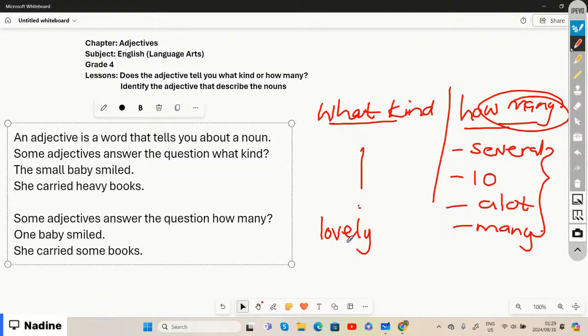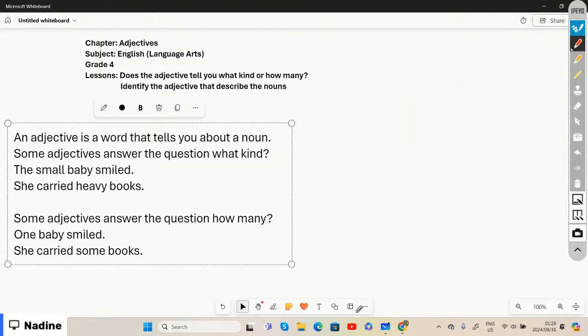So you need to ask yourself that question whenever you try to identify the adjectives as into what kind or how many. Does that answer your question?